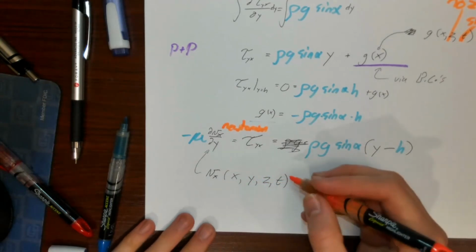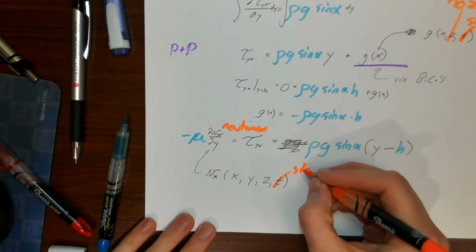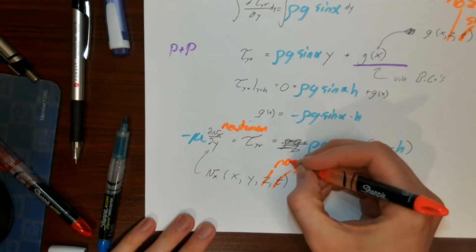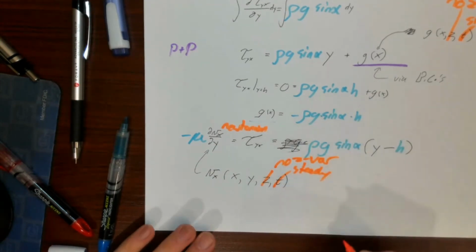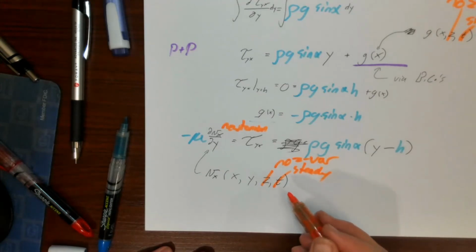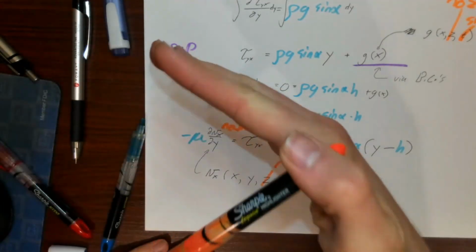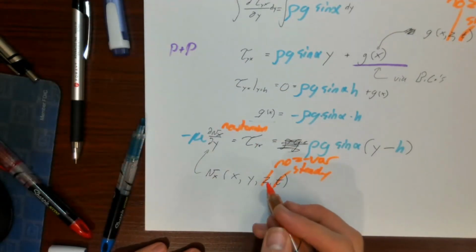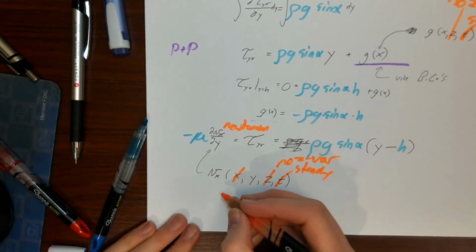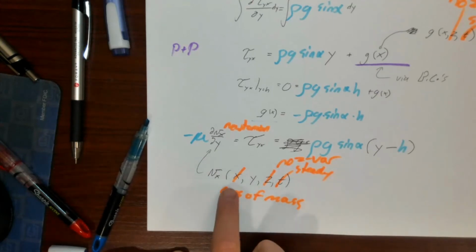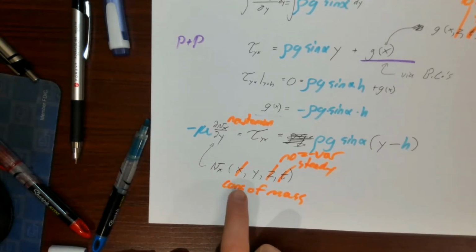Vx could be a function of all these things. We said it was steady, so it's not a function of t. We said there was no z variation from one of our problem statements, basically assuming that the flow at any plane, at any point, in this direction is not varying. And then from conservation of mass, we safely concluded that Vx was not a function of x also.